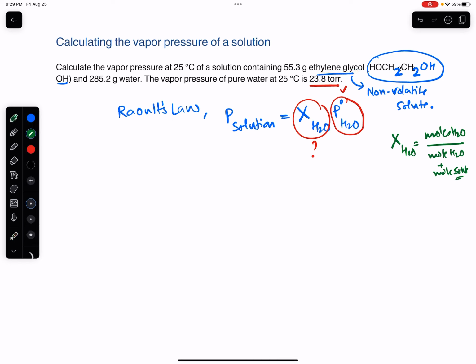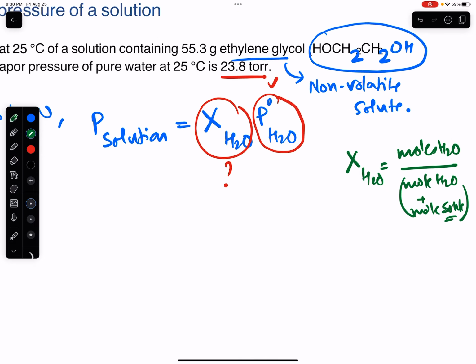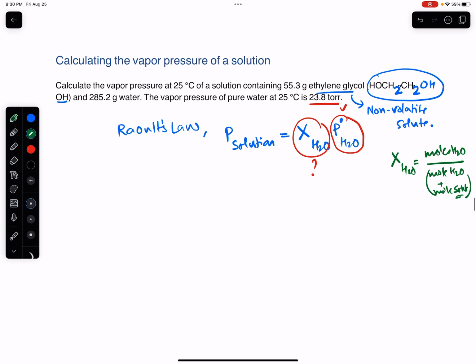All right, so maybe I can zoom in out here so you can look at it carefully. So moles of water over moles of water plus moles of solute, and let's put this entire thing in parentheses.